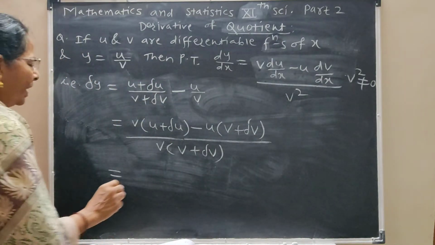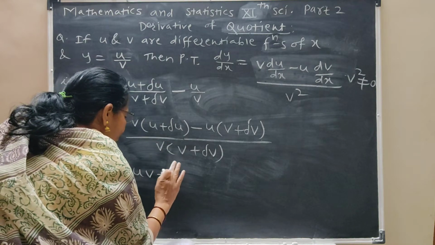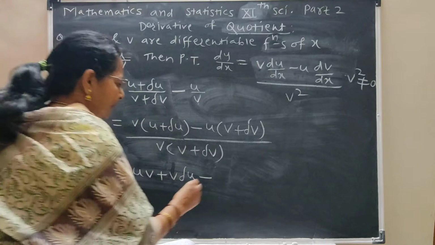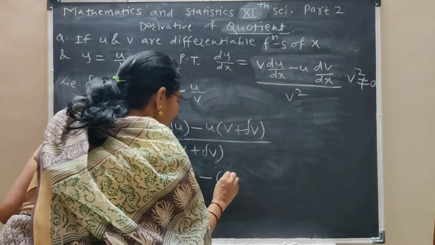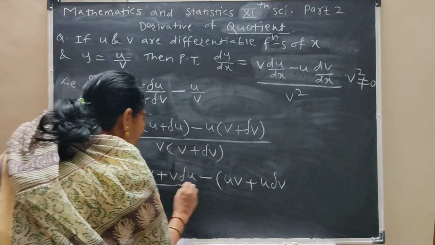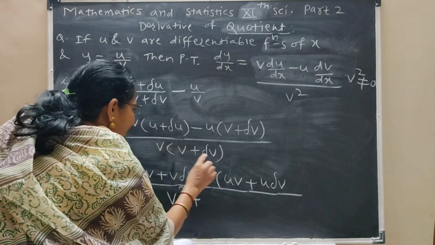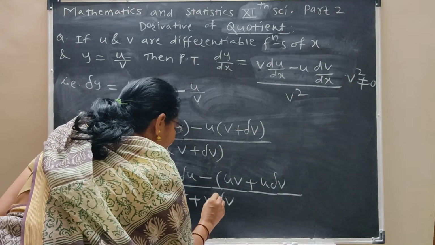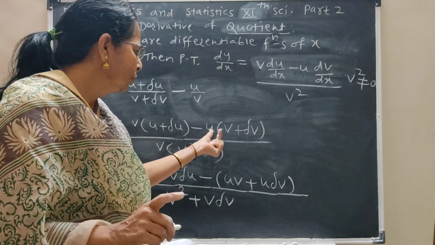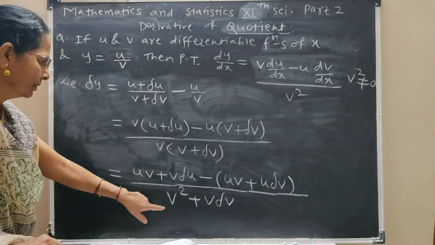Is equal to, multiply inside: uv plus v delta u, minus sign as it is, multiply inside: uv plus u delta v, upon, multiply inside by v: v square plus v delta v.